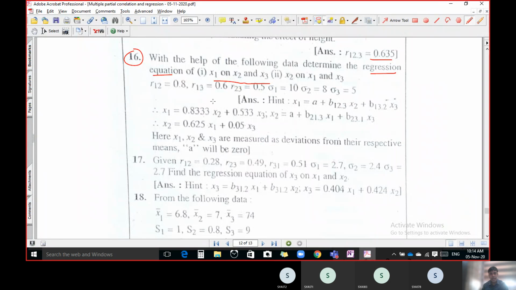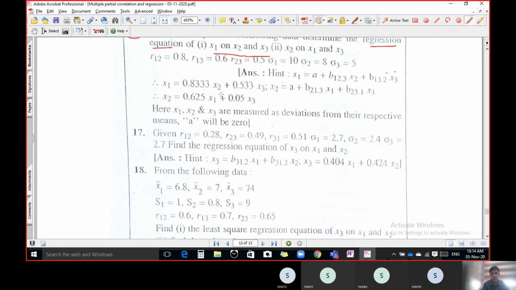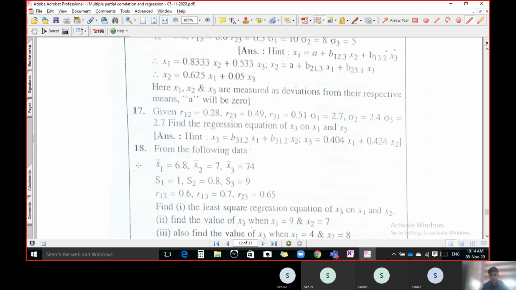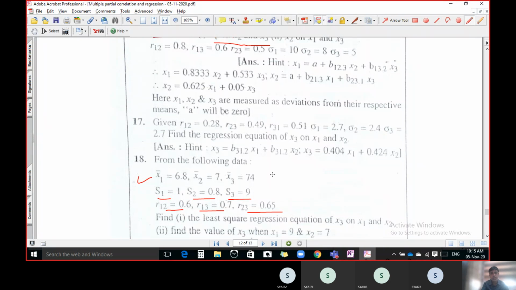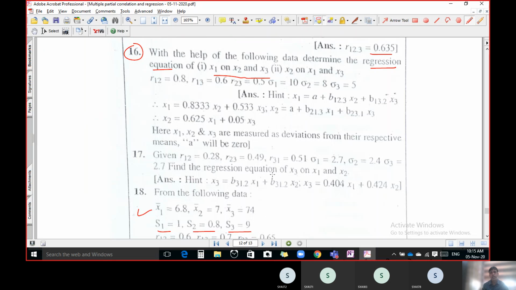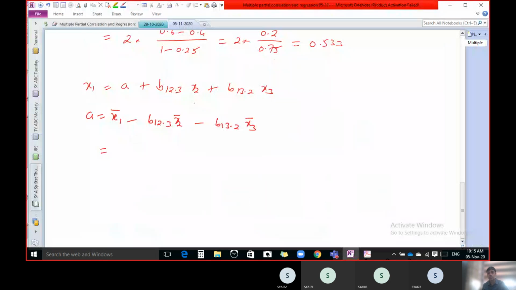In the question, x1 bar, x2 bar and x3 bar are not given. Maybe in a few questions they are given, like question number 18, where x1 bar, x2 bar, x3 bar, sigma 1, sigma 2, sigma 3, r12, r13 and r23, everything is given. But in question number 16, x1 bar, x2 bar and x3 bar are not available. So when they are not available, you have to assume they are 0.